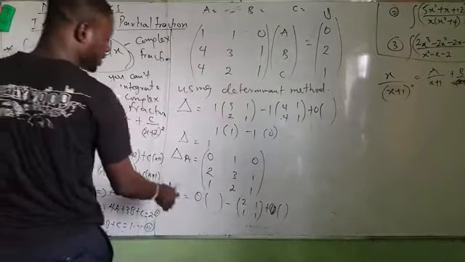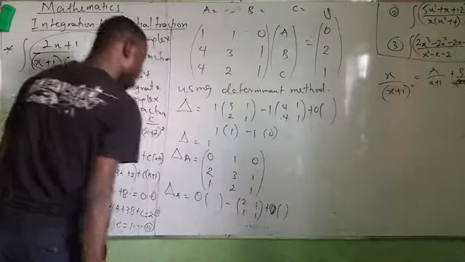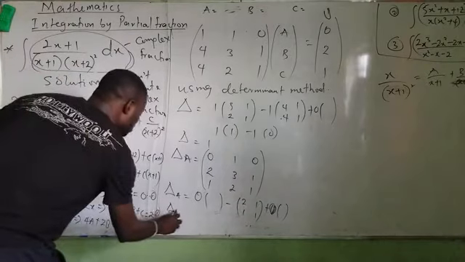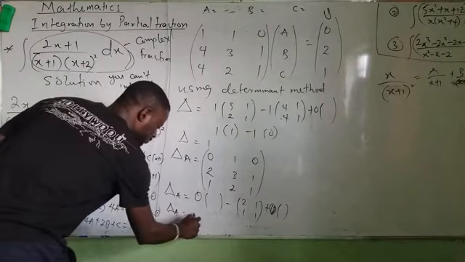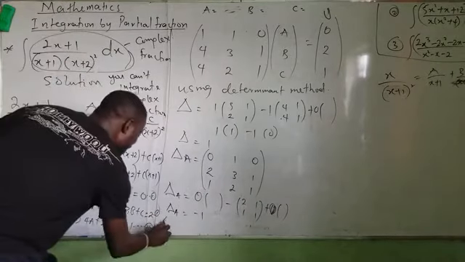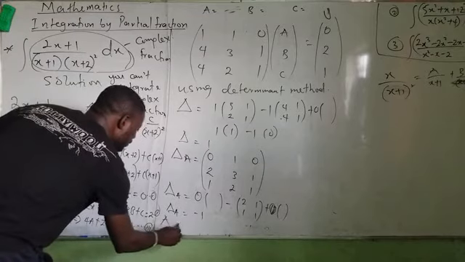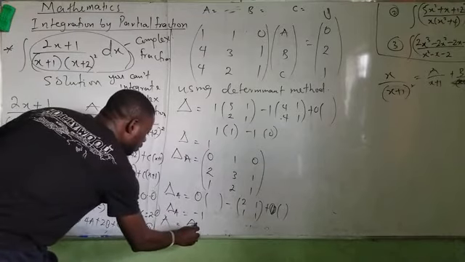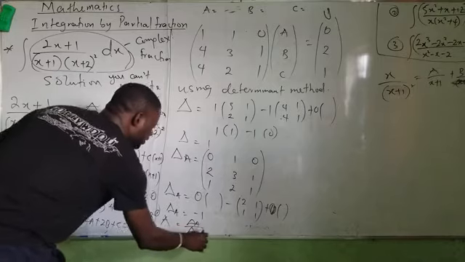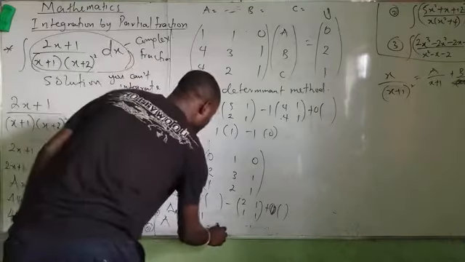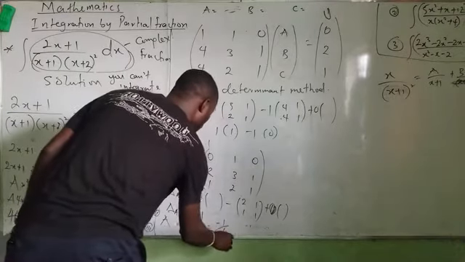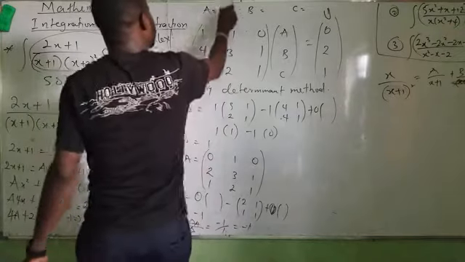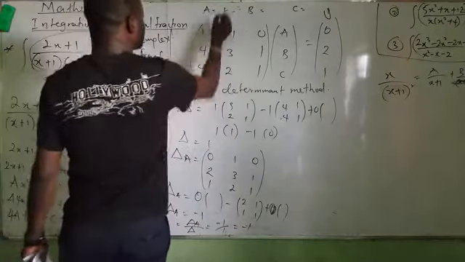The determinant of A will be minus 1. It means my A equals the determinant of A over the determinant, which is minus 1 over 1, which is minus 1. My A is minus 1.